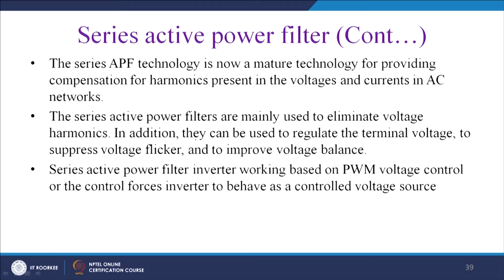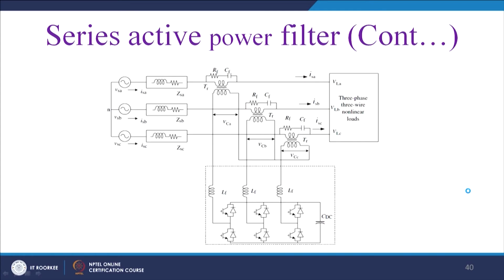In addition, they can be used to regulate terminal voltage, to suppress voltage flicker and to improve the voltage balance. This series active filter inverter works based on PWM voltage control, and the inverter behaves like a controlled voltage source.